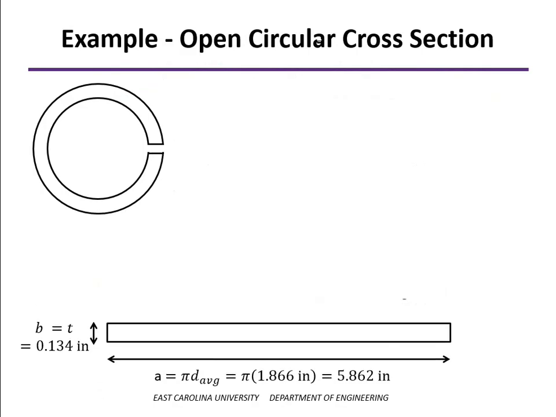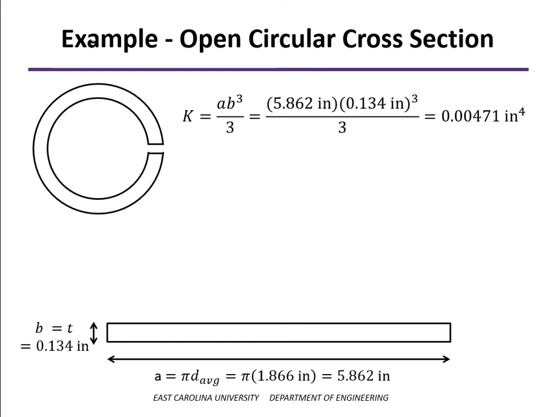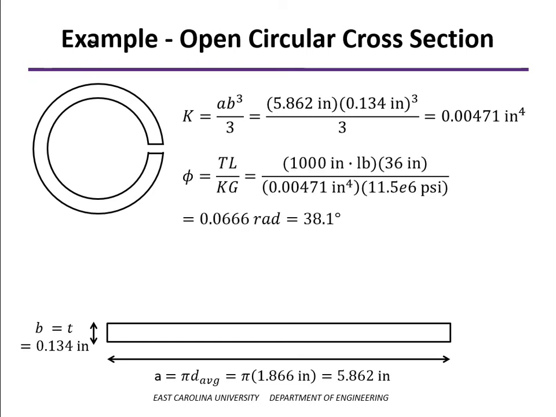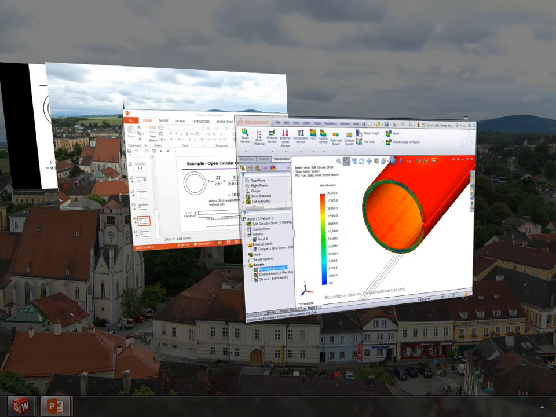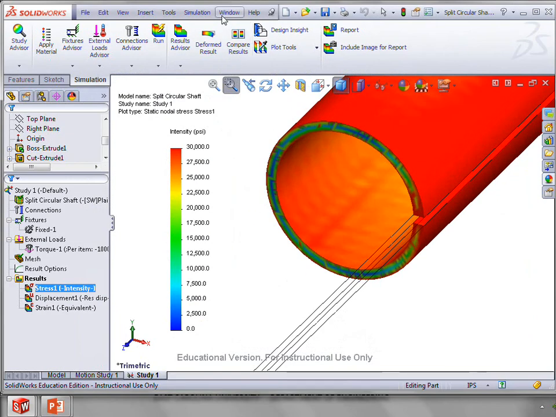And if we look at the angle of twist, then the difference is even more significant. In this case, we come up with 38 degrees, and that's more than 100 times greater than if we did not have the cut there. So the lesson from this is that open cross sections are very poor in torsion, and so as we said, you would never pick a shape like that to transmit torsional loads.